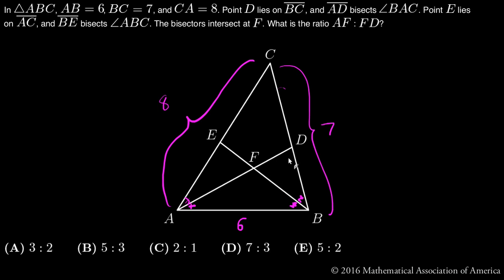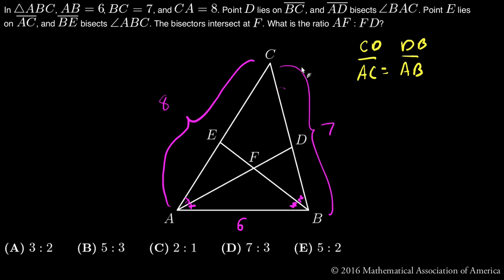So here's the idea. Let's just use the correct notation. Since I have an angle bisector, I know that CD divided by AC will equal DB divided by AB.